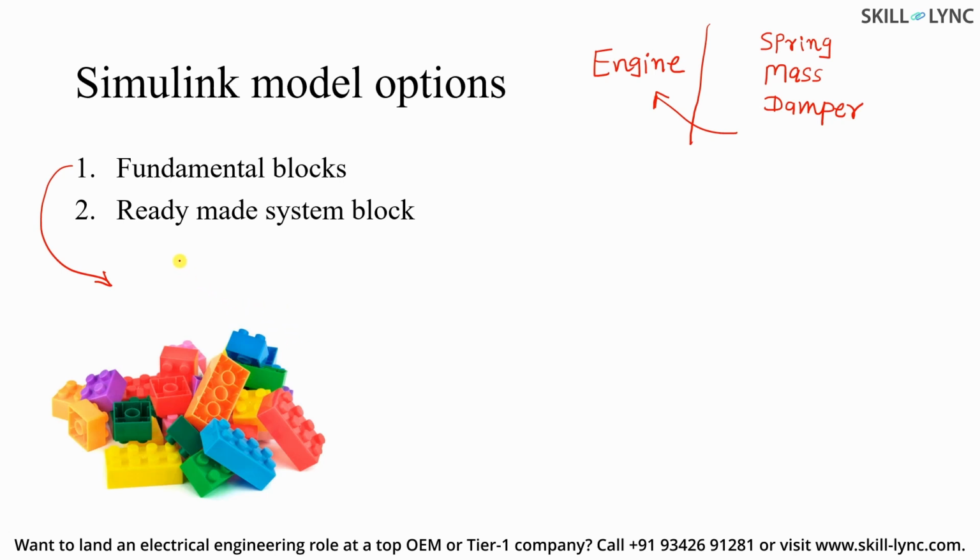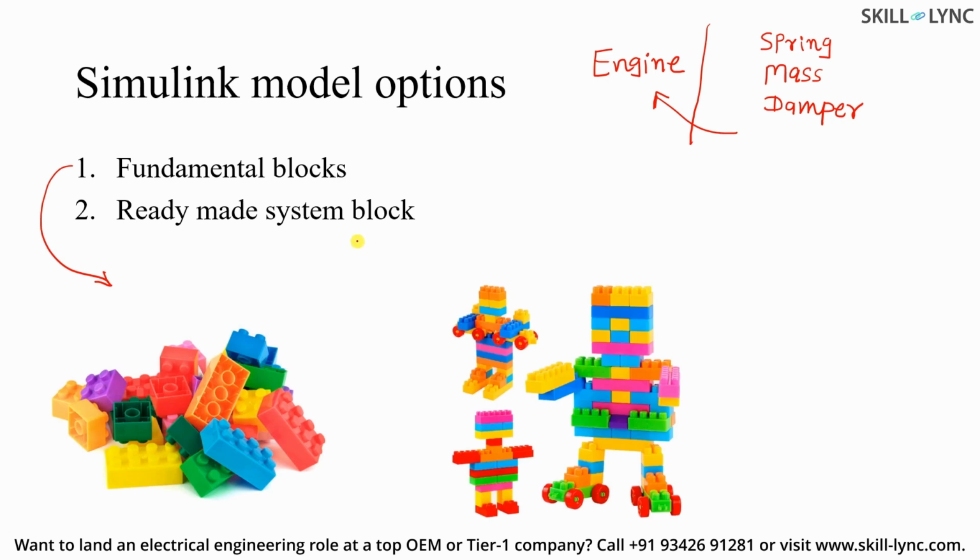Now you can create your system, and you may have multiple subsystems as well. The ready-made blocks are parts or systems which are ready, which will look like this, or which will behave in a certain way. So these are readily available blocks, and you can pick them and place them in your model, or you also have the option to create your own model.